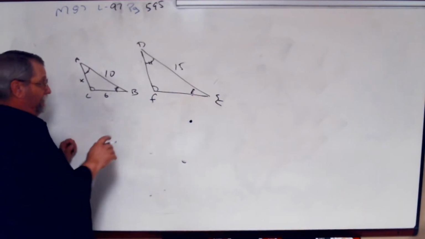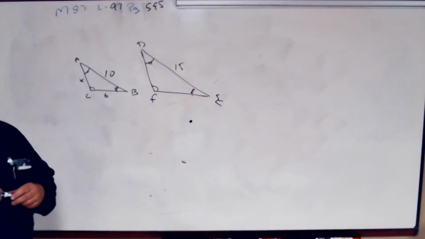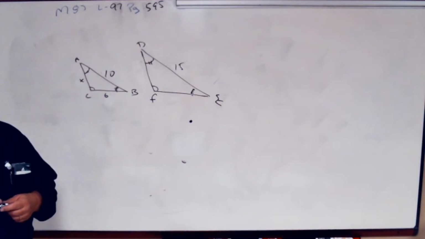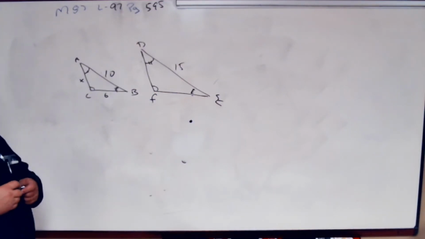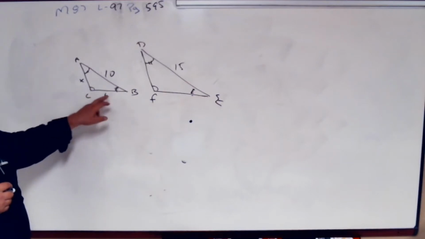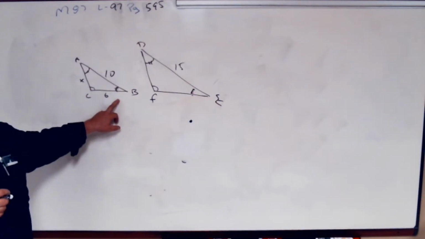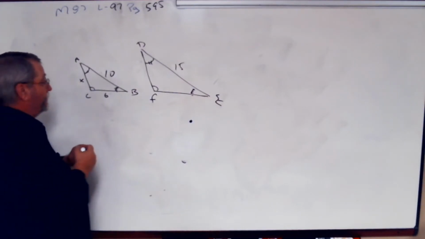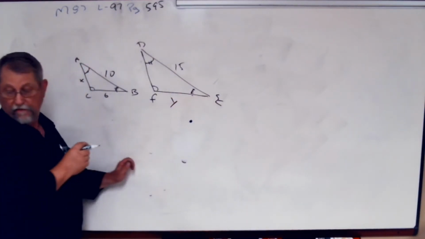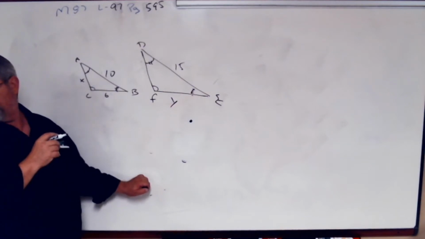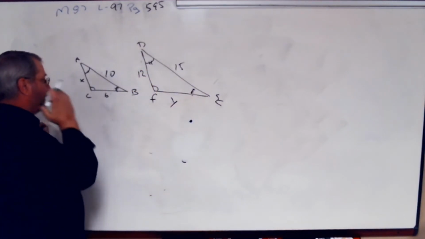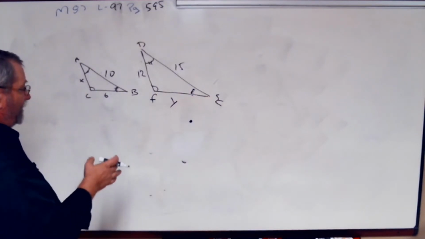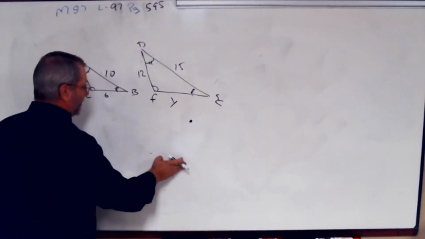So 6 is between there, and I'm going to have y here, and 12 here, all right? I think I have this set up the way the book has it set up. This is just a different one.